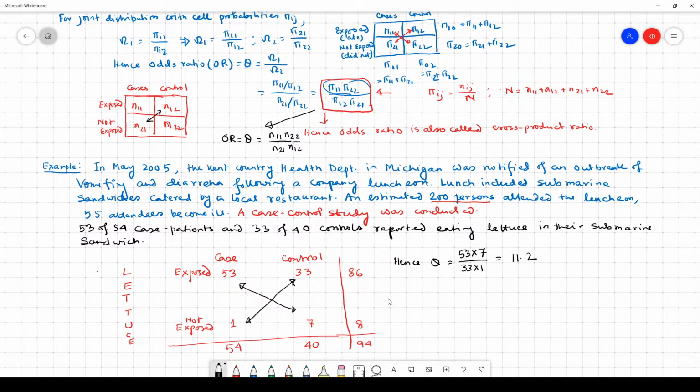So therefore, the odds ratio for lettuce was 11.2.